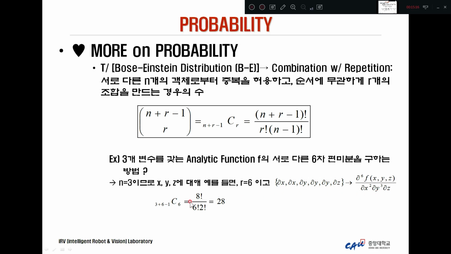This is the partial differential equation. And what is the number of instances? That's combination 3 plus 6 minus 1, because n is 3 and r is 6, and you select 6 of them. So it's 8 factorial over 6 factorial 2 factorial, which is 28 cases.